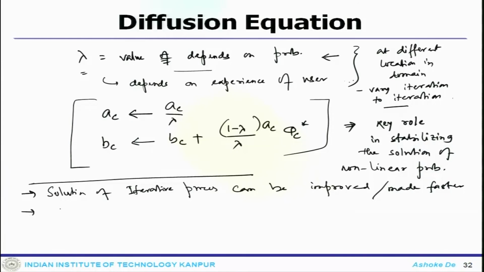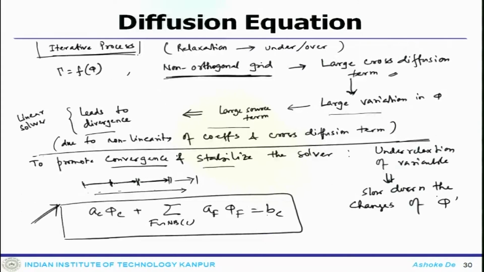Number 2, the solution of the iterative process can be stable. So the discretized equation or the governing equation does not get unstable, or the linear solver does not get unstable. It can also be solved stably. These are things which are important when you talk about the solution of this iterative process, but this is just to give you an idea.